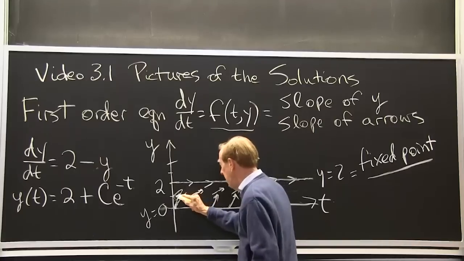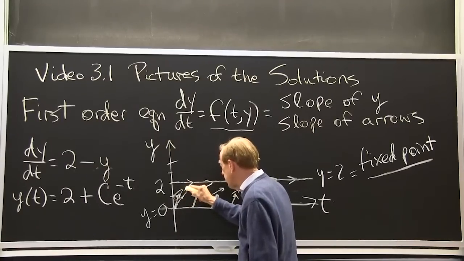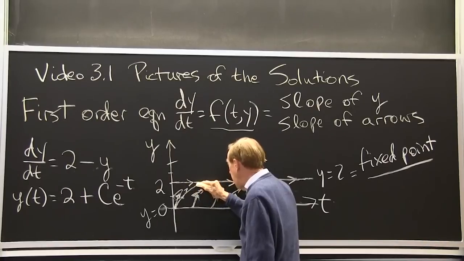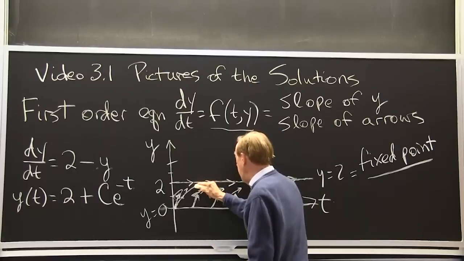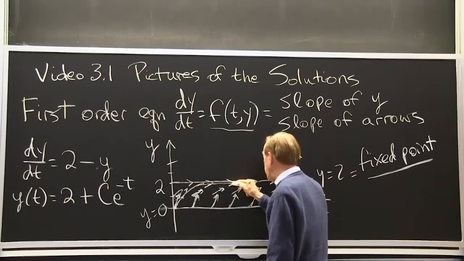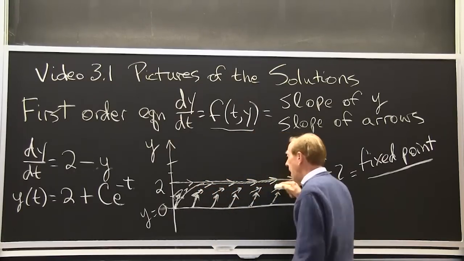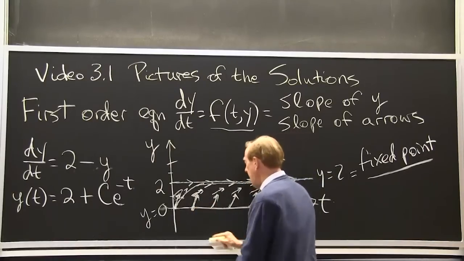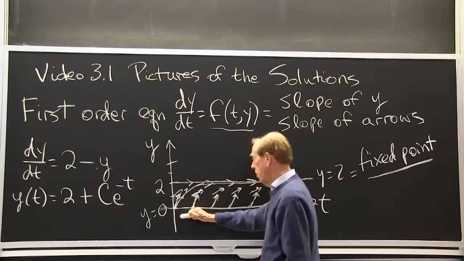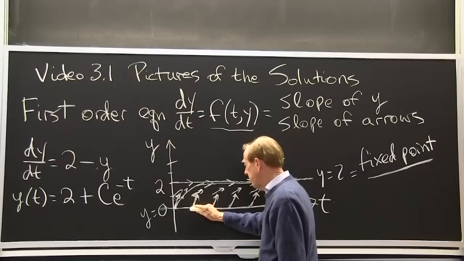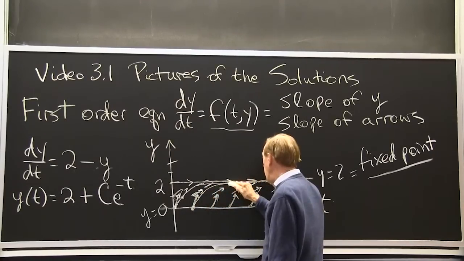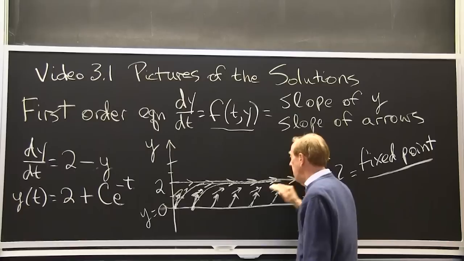The arrows are still, at that point, slope 1, but it's flattening out, and it's never going to cross this line, and it will run closer and closer to that line. And wherever it starts, if it starts at time t equal to 1 there, it'll do the same thing, and it will stay just below the other one.